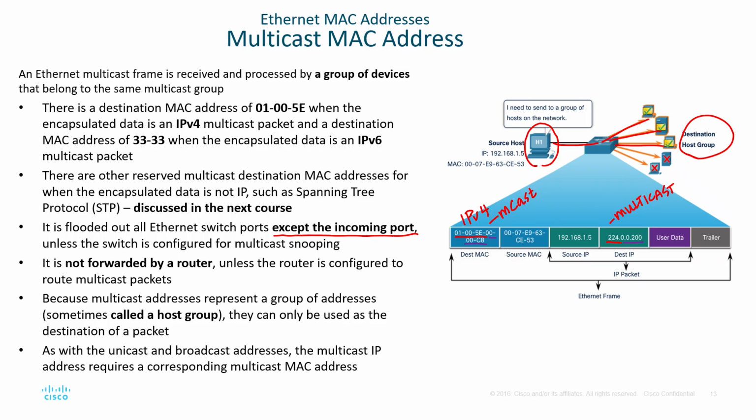Again, future networking. Because multicast addresses represent a group of addresses, sometimes called a host group, they can only be used as the destination of a packet. So whether you are a unicast, multicast, or broadcast, you are just one generating source. You will always be a unicast at the source. Now, as an example, you're going to find that these messages will interplay with each other. You walked onto the CCRI campus with your laptop.